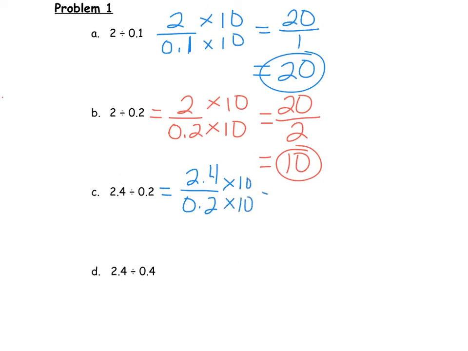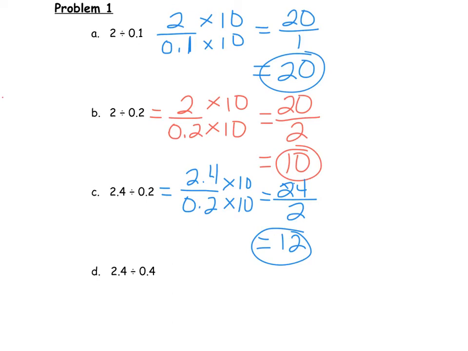That means my decimal is moving 1 to the right. So 2 4/10 times 10 is 24. 2/10 times 10 means that 2 in the tenths place is moving to the ones. So 24 divided by 2 is 12.